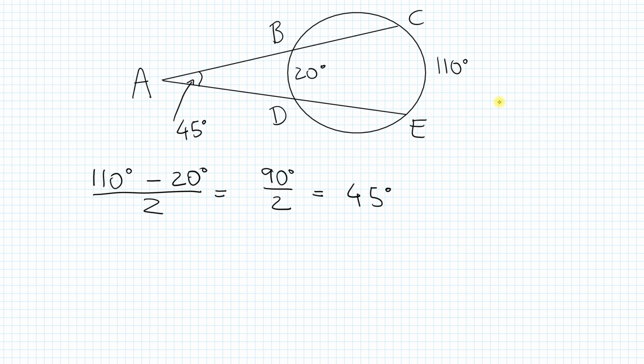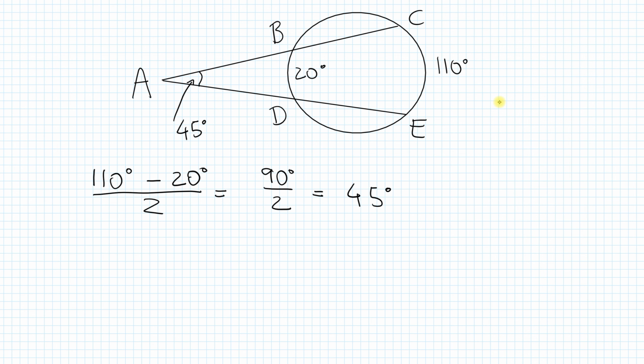Now we have a conjecture. Is it true that the angle created outside a circle from two intersecting secants is always half the difference of their intercepted arcs?